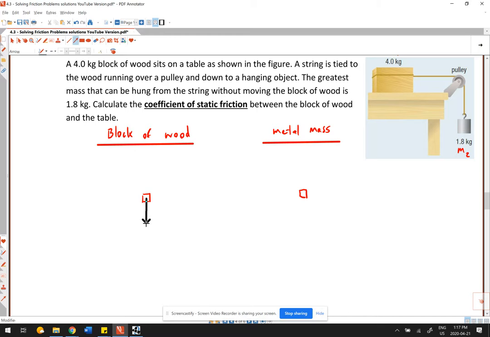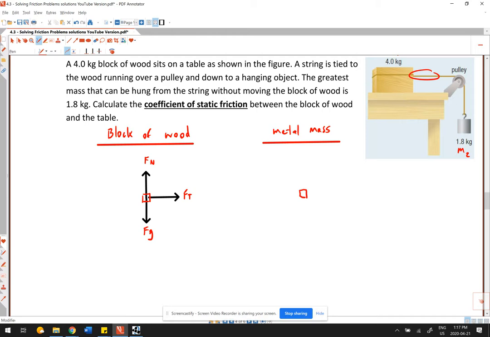So for the block of wood, we have gravitational force acting downwards. And we have our normal force because it is sitting on a table of some sort, so we have normal force acting upwards. So we have normal force and gravity. There is a rope, so there is going to be a tension force in this direction.